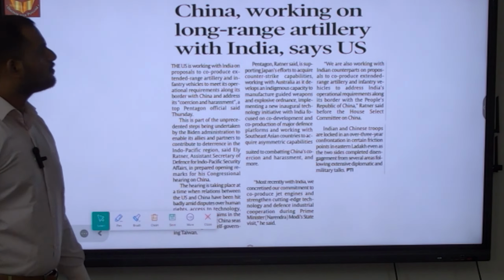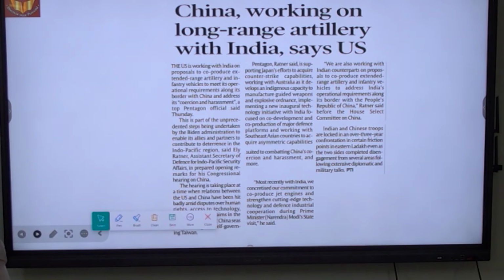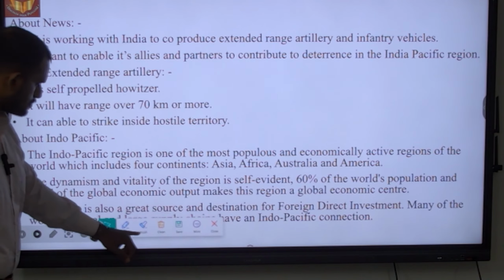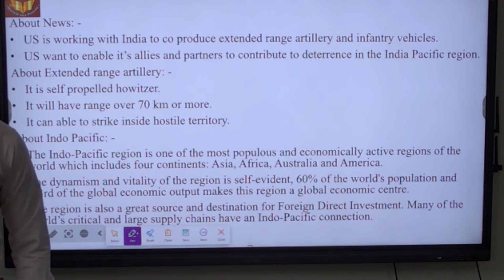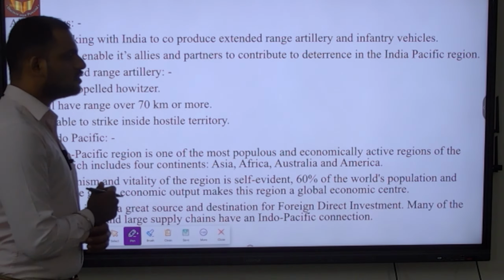To meet the threat from China, the US says it is working on long range artillery with India. As we all know, the Indo-Pacific policy of the US is based upon strengthening its partners present in the Indo-Pacific region, especially India, Japan, Australia, because the US has interest in the Indo-Pacific region.